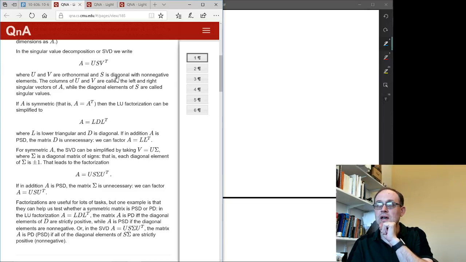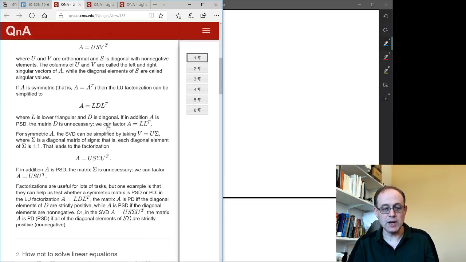In terms of symmetric matrices, it's maybe a little bit easier to understand the singular value decomposition. So here, this is the SVD of a symmetric matrix. It's an orthonormal matrix and the inverse of that same orthonormal matrix, and then a diagonal matrix with positive or negative elements.